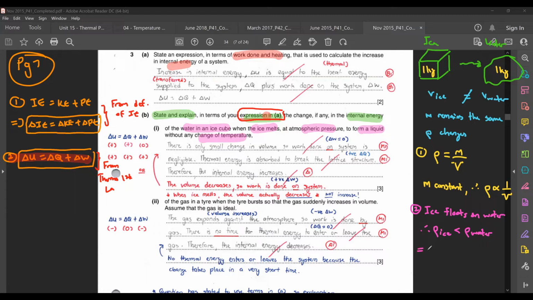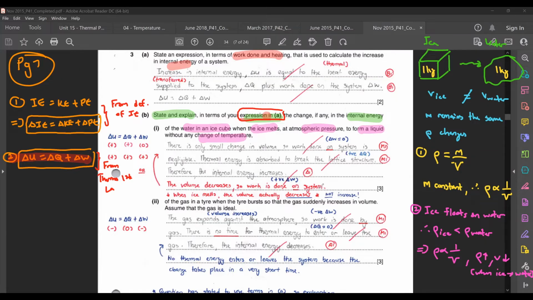So from the case where rho is inversely proportional to the volume, if your density increases, your volume decreases, right?